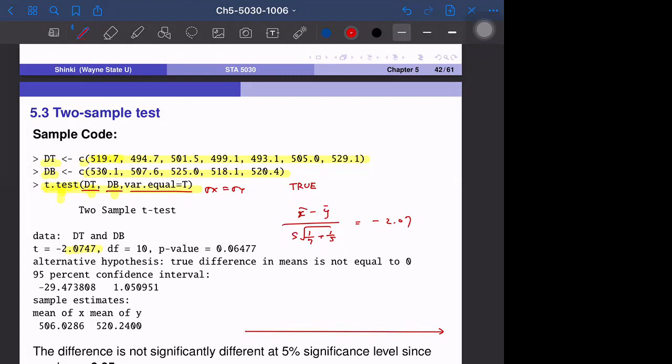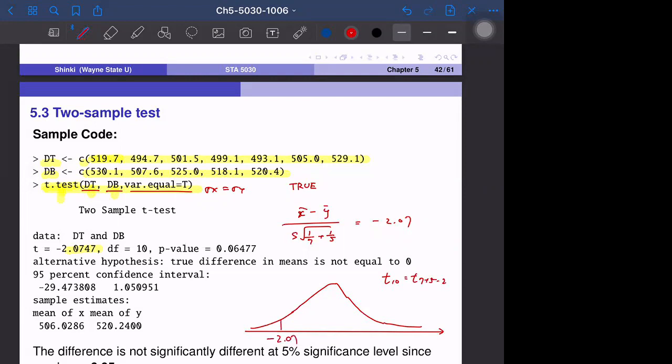So 2.07 is larger than 1.96. So almost we reject the null hypothesis, but the t distribution has a little heavier tail than normal, so it's not really clear. This is a t distribution with df 10 because 7 plus 5 minus 2 is 10. So, negative 2.07.